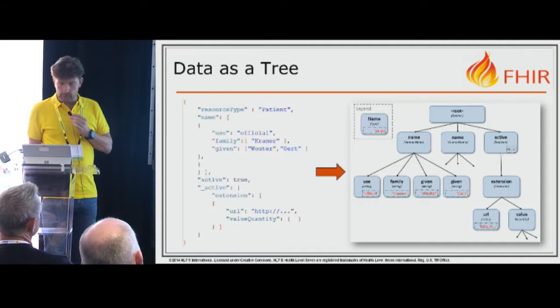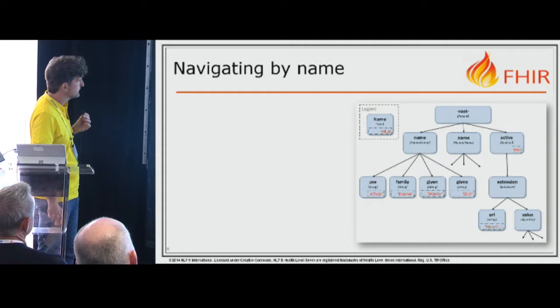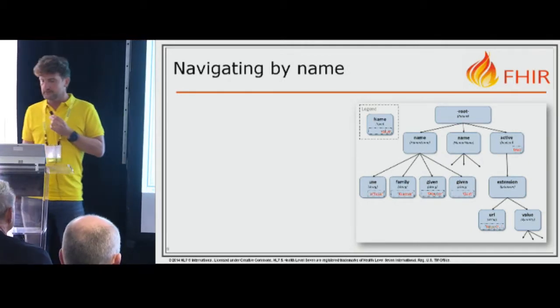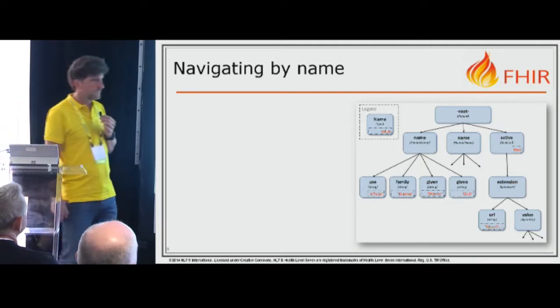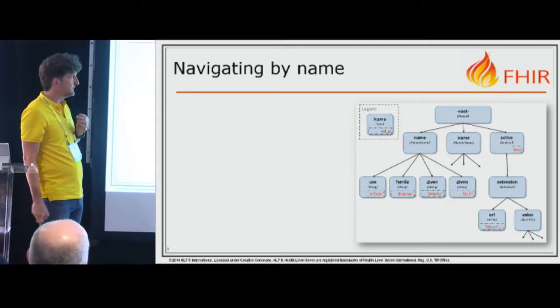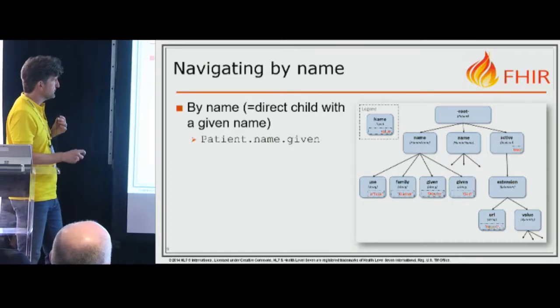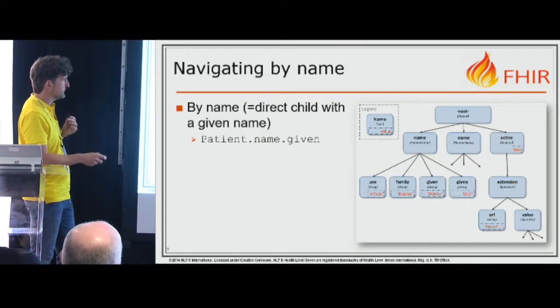Okay, so if that's clear, then let's do some navigation. I'm going to show you an actual FHIRPath statement. What we're going to do is navigate through this tree. And the obvious thing to do is use patient.name.given. So given a patient, you do patient name. Oh, there are 2 of these.